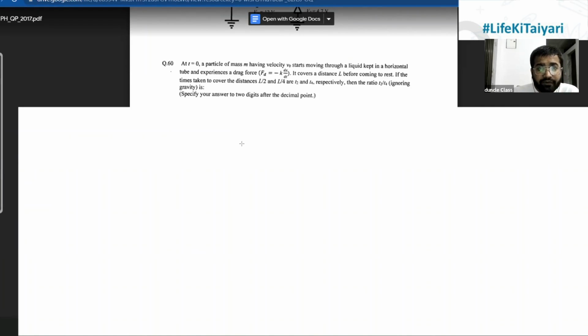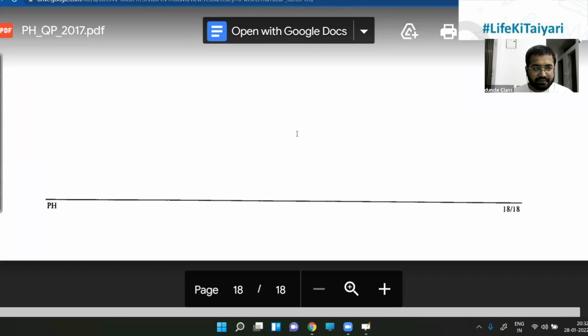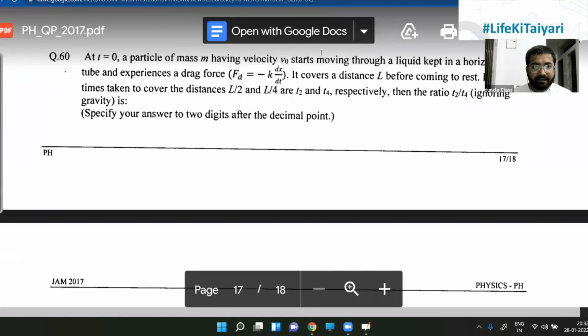But how is it being dragged, vertically or horizontally? I think it's minus k dx by dt. Are you able to see the question? I will just zoom the screen now. Wait. Where did the question go? Okay, so let me just create white space again.